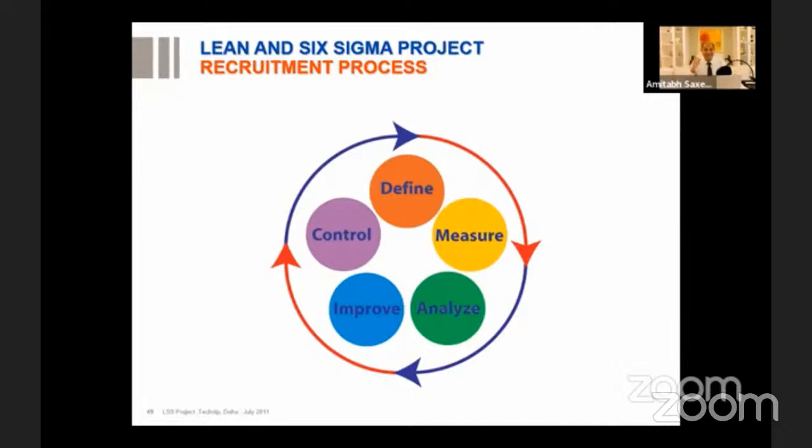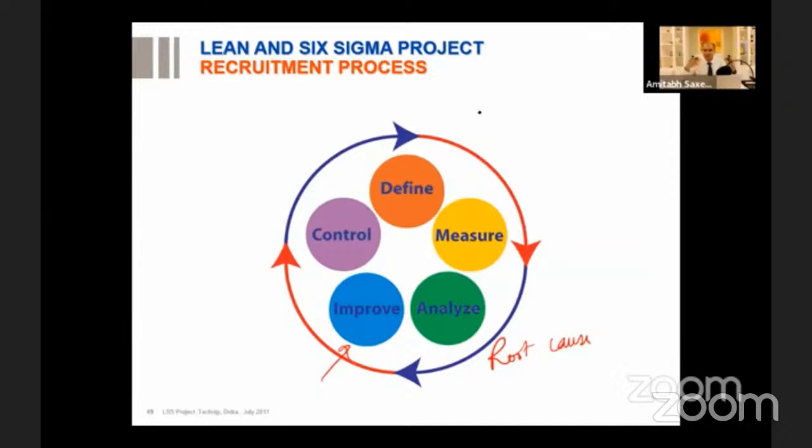So don't make any assumption. So you analyze. Once you analyze, then you get to the root cause. Once you get the root cause, then you improve. And once you improve, then only you think of controlling the whole improved process for a long, long time. Let me give a simple example.